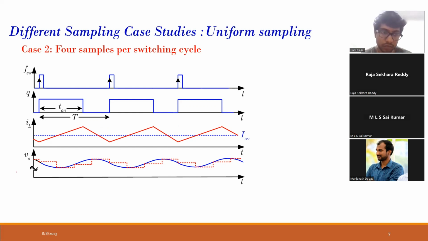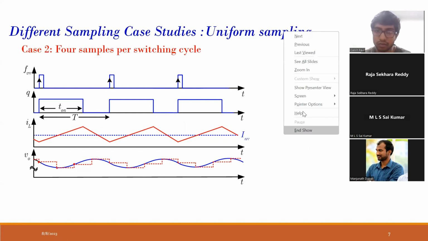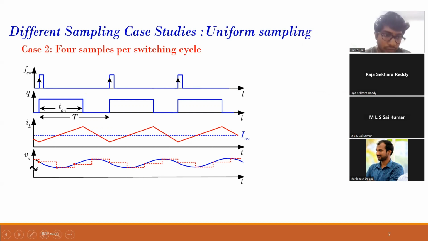But we are taking samples over here, over here, over here, and over here. So in one entire time duration from here till here, I have effectively taken 4 samples.